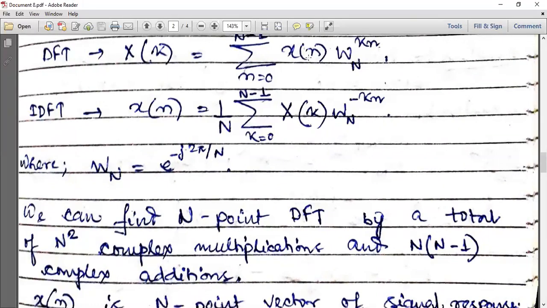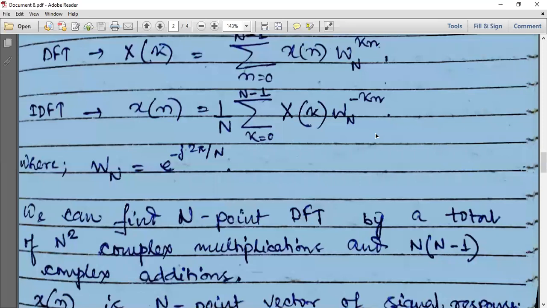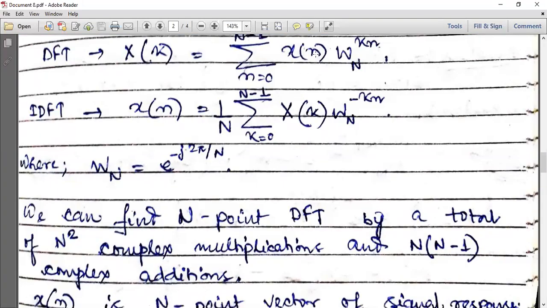This is a linear transformation on x[n], and this expression shows a linear transformation on X[k]. Remember, your input is x[n], our output is X[k]. Your input is X[k] and the output is x[n]. That's why I've said DFT shows a linear transformation of x[n], and IDFT shows a linear transformation of X[k].